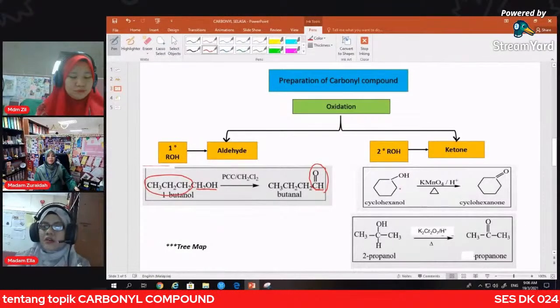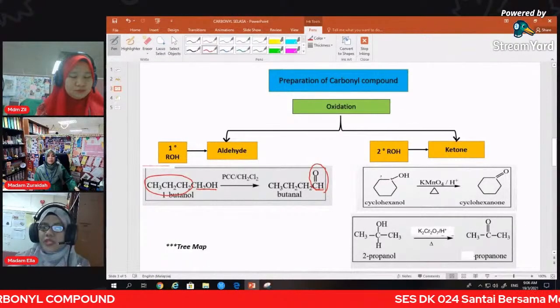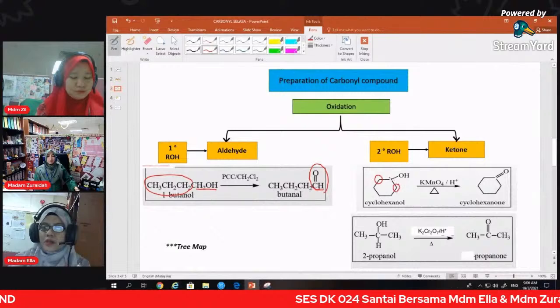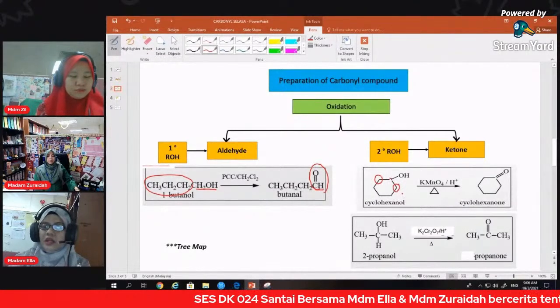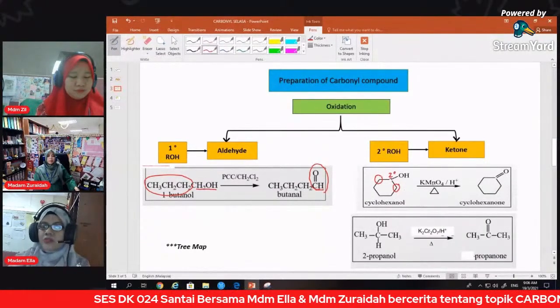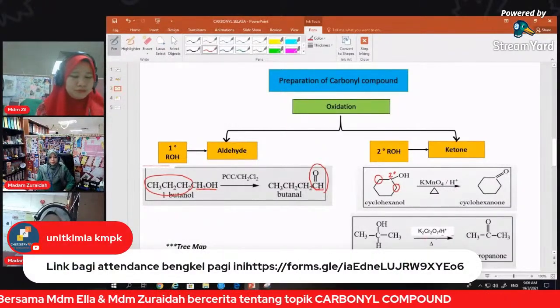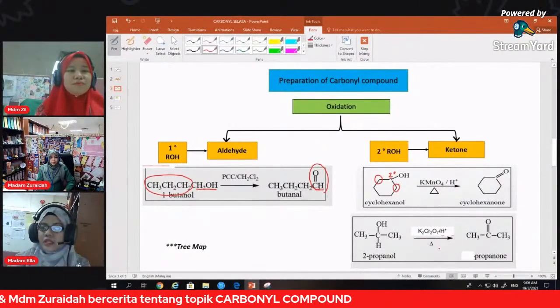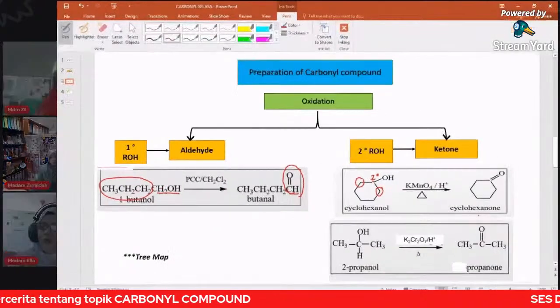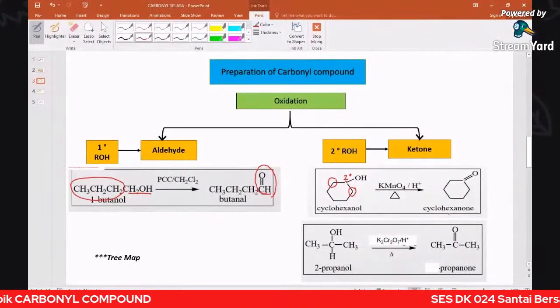If secondary alcohol, you can see two carbons on the COH, that is secondary alcohol. When we react it with KMnO4/H+ heated or potassium dichromate acid heated, the product formed is ketone. What is the ketone here?